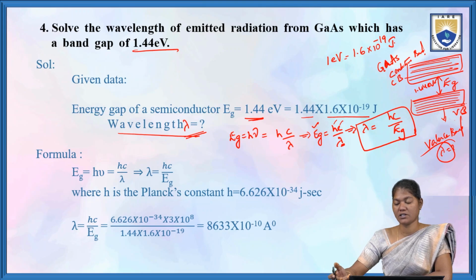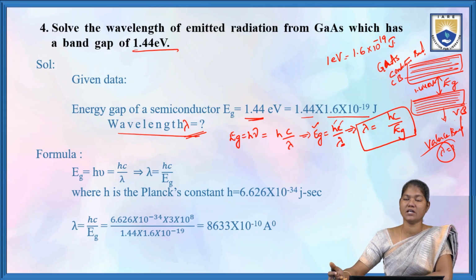As you know, a semiconductor is a partially conducting material. Partially, in the sense that at 0 Kelvin it doesn't conduct current, so it acts as an insulator. When it attains room temperature, it conducts current, so it acts as a conductor.